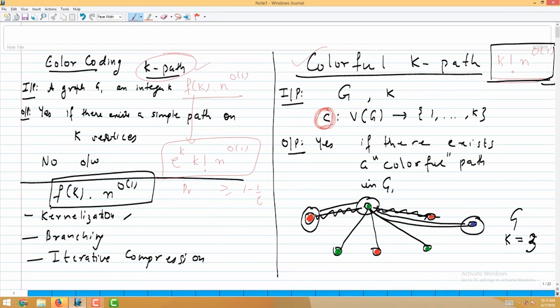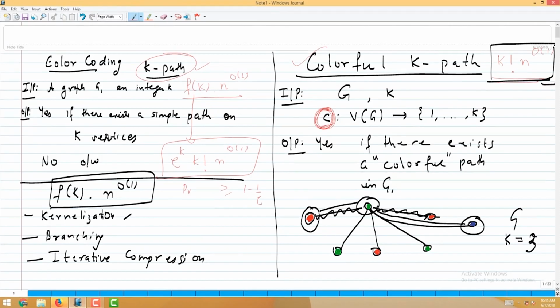Of course, this is not true for any general structure. For example, if the structure was a clique, can you find a clique on k vertices? Forget color coding, you cannot find a clique on k vertices in f of k times polynomial in n time. That's a hardness result: people don't believe that such an algorithm exists for clique.